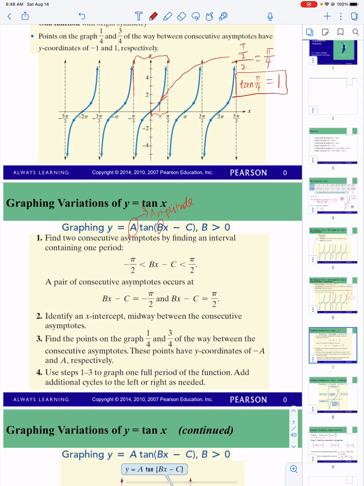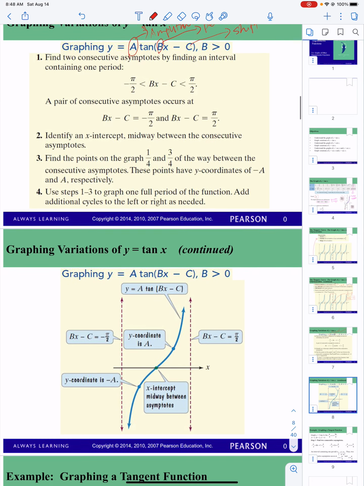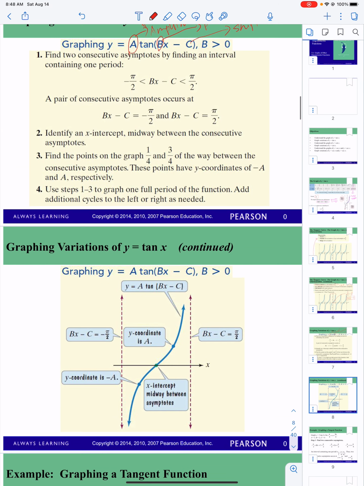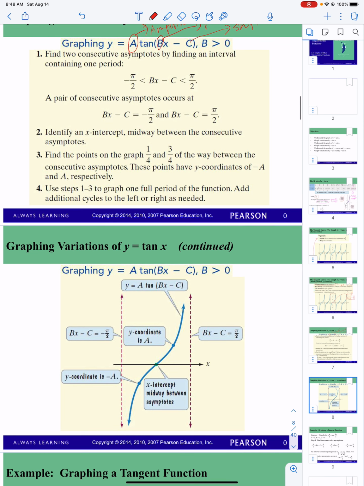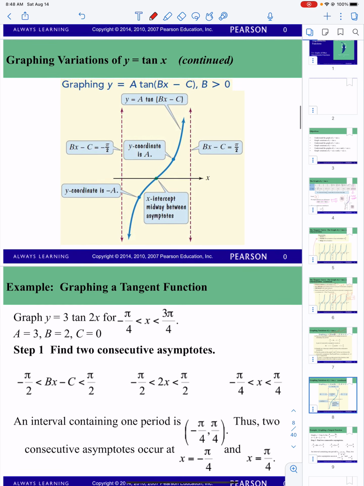Okay, it's not really amplitude, but I'll call it amplitude, and I will explain later. B is related to your period, and C is related to your shift. So you can look at all these details, but I will introduce a shortcut for how to draw the pictures.